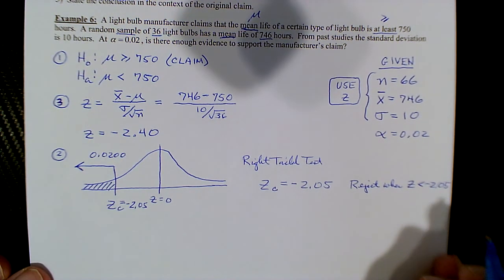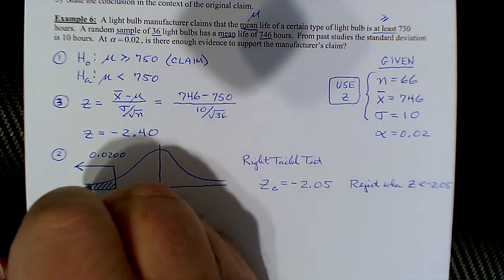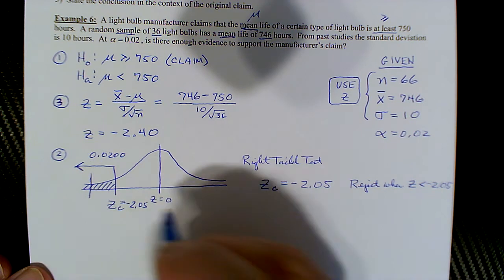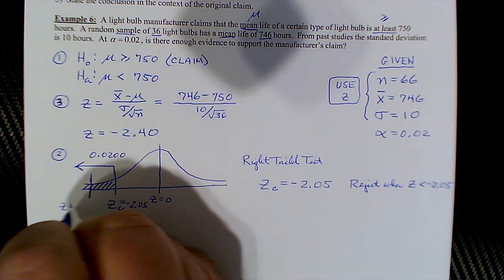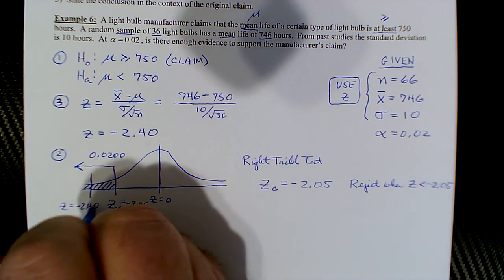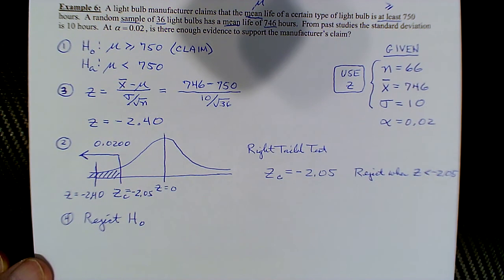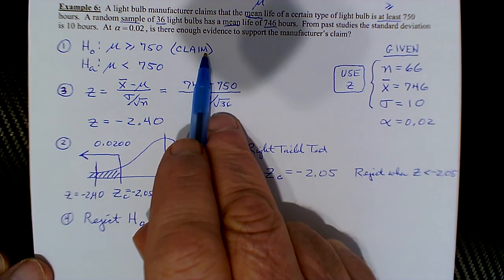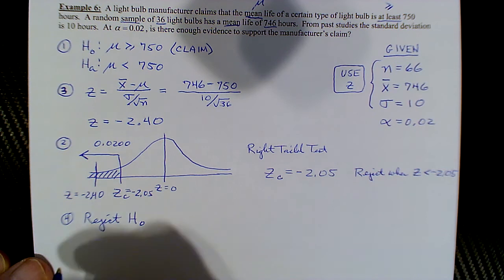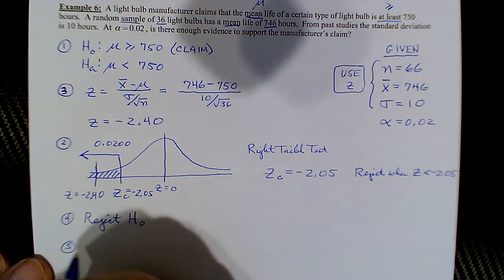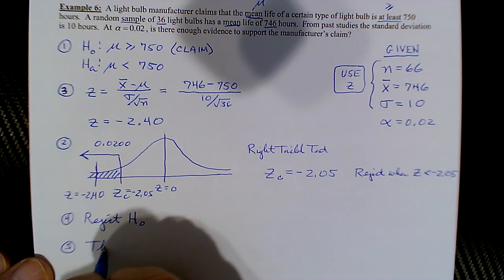And so therefore our conclusion, since H0 was the claim and we're rejecting H0, there is enough evidence to reject the claim. I'll just put the little ellipses there.